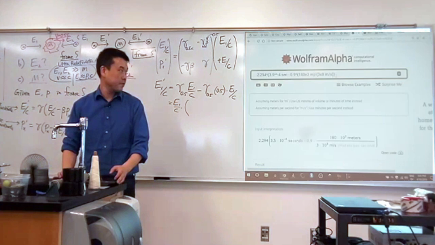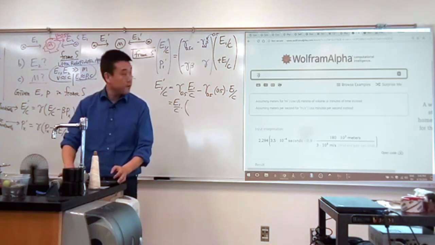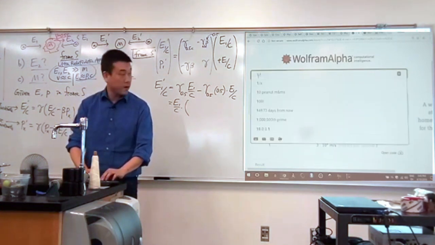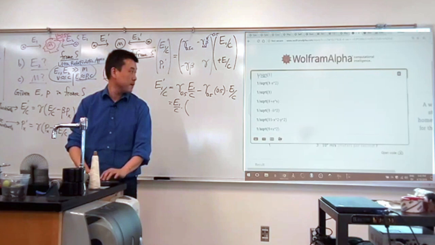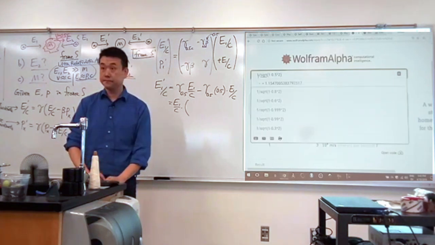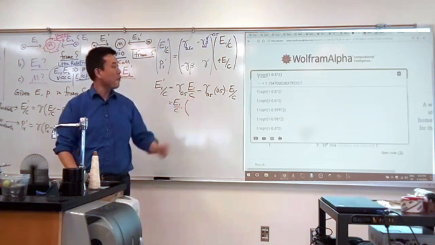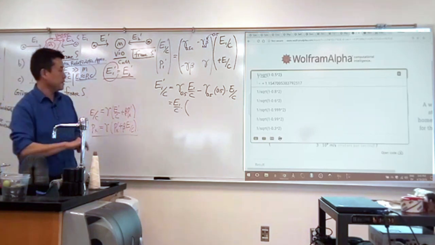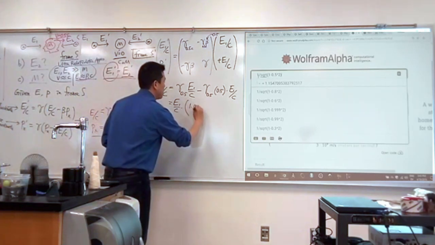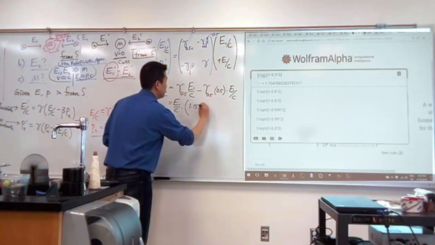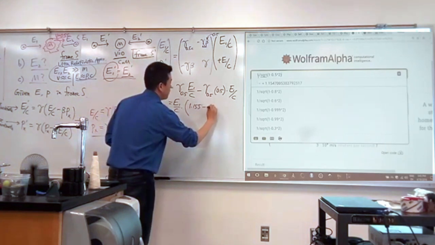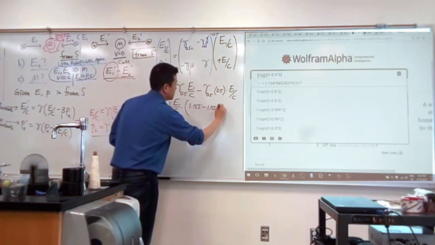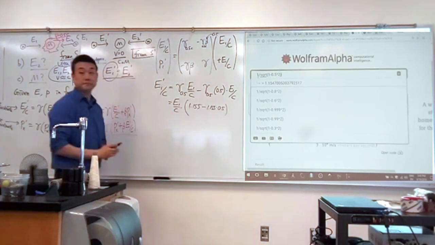So gamma with a beta of 0.5 would be 1 over square root of 1 minus 0.5 squared. That would be 1.155. So it's 1.155 minus 1.155 times 0.5.